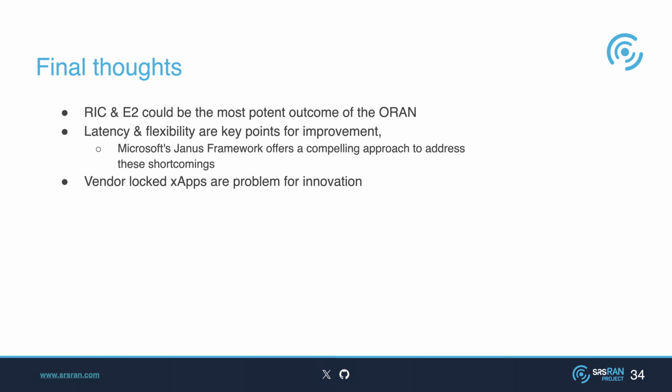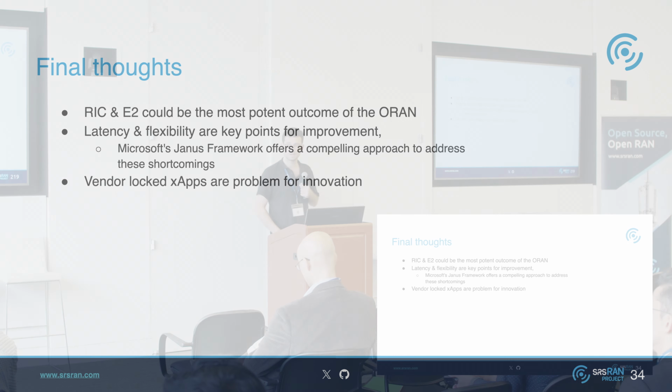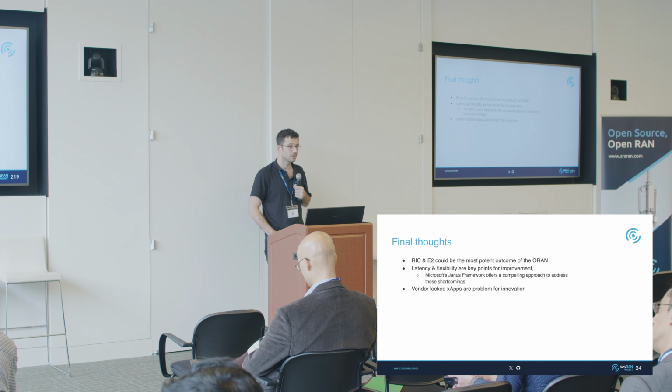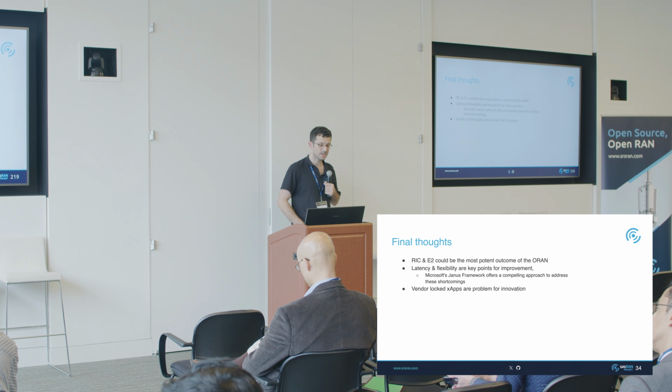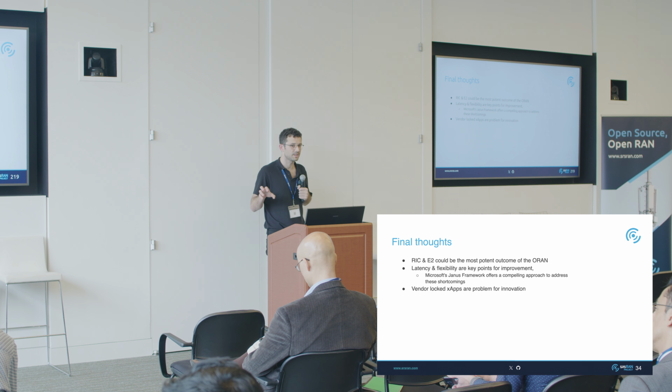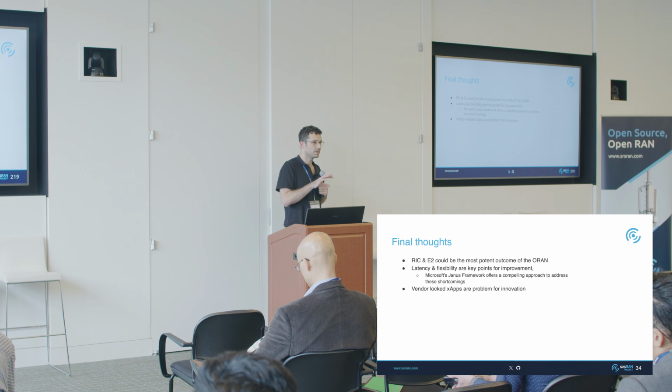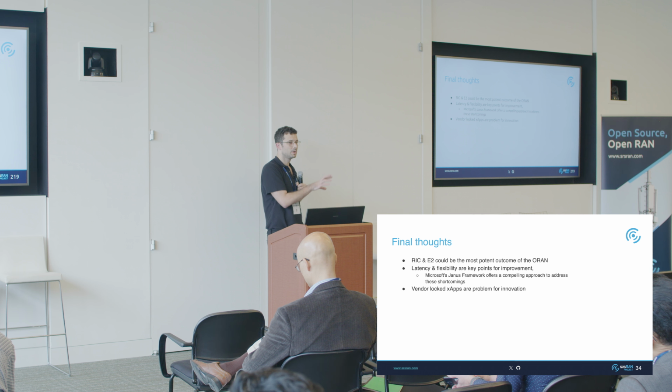So just some final thoughts. I'm a big advocate of what ORAN have done with the E2 and the RIC. I think it has the potential to be one of the most important outcomes of the whole project. What's really interesting about it is how it's devolved the expertise needed between AI and ML researchers and RAN developers.